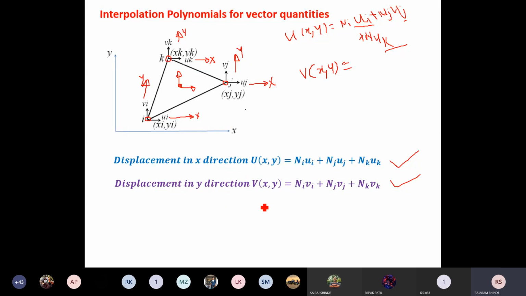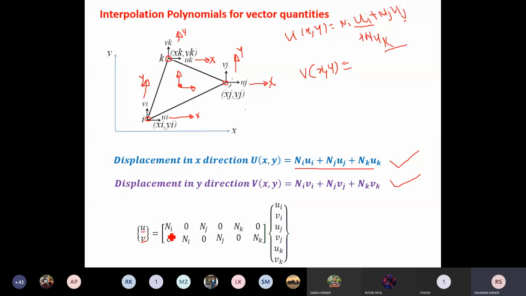Now see here, now when we want to write this in matrix form, you will get u as a variable displacement. This is u(x,y), this is v(x,y). It is equal to the matrix [Ni 0, Nj 0, Nk 0; 0 Ni, 0 Nj, 0 Nk] into Ui, Vi, Uj, Vj, Uk, Vk. Now you see here, you will get the same equations.